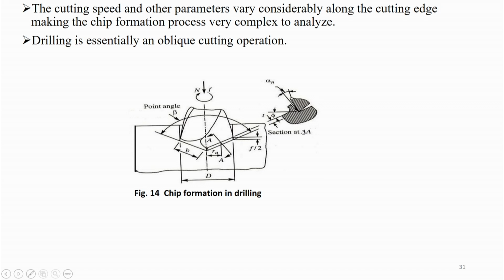The section at AA has been shown here, and this will be psi. The chip thickness is shown here like t.